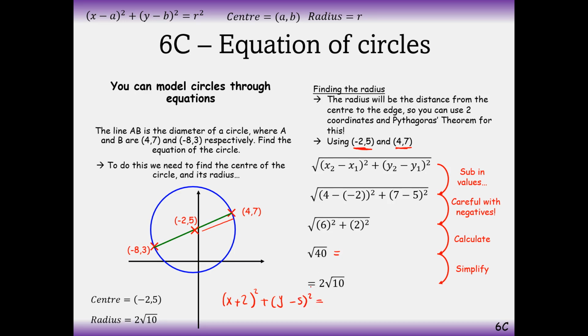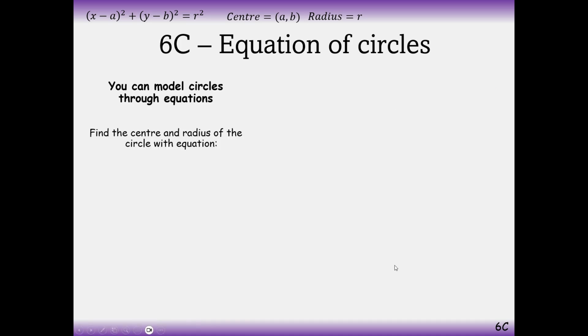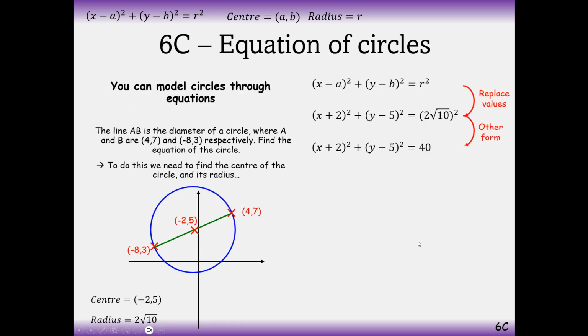Now squaring 2 root 10 is just going to give us 40, because we know r squared will be 40, wasn't it? So actually we didn't need to simplify 2 root 10, but there you go. So that's the equation of the circle here. So that's written for you yet again.